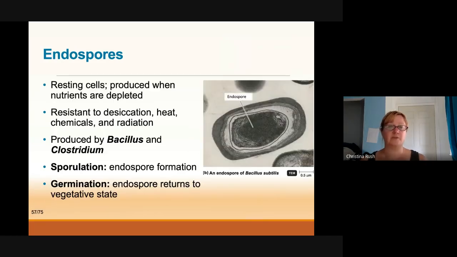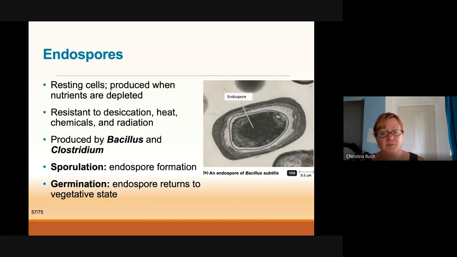Endospores. Endospores are resting cells, and they are produced when nutrients are depleted. They are resistant to desiccation, heat, chemicals, and radiation. Oh, I should have put on here, they're also resistant to the vacuum of space. Endospores are tough.